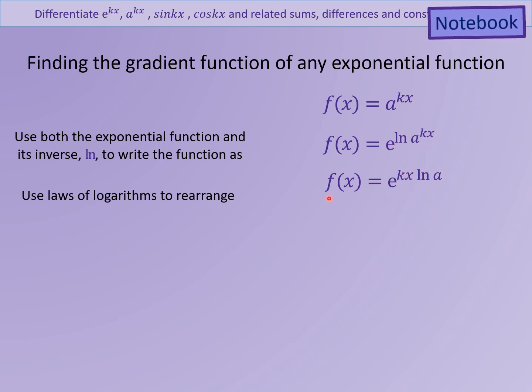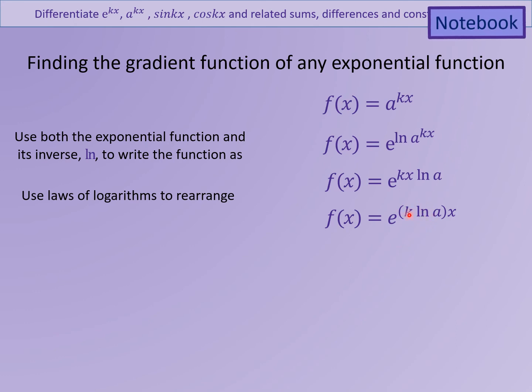Now we can rearrange this, because k ln a is a constant. We can pull that constant to the front, noting that k ln a is just some constant value. As we said earlier, it could be something like 2 to the power 3x, so the 2 and the 3 are just constant numbers.